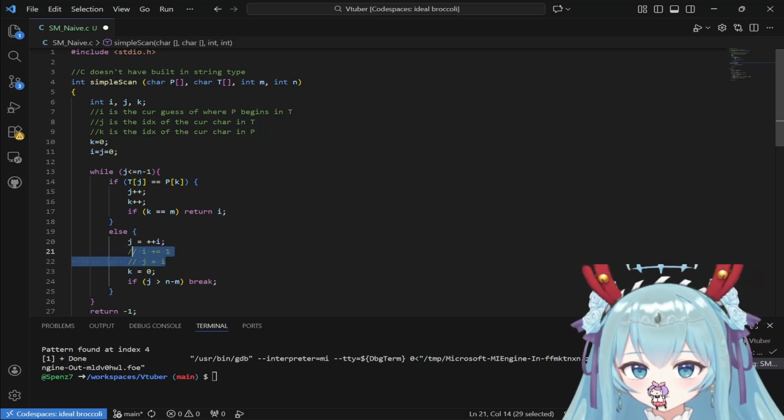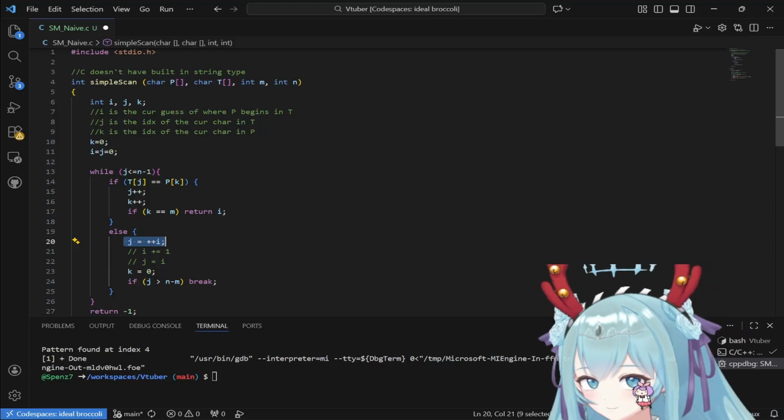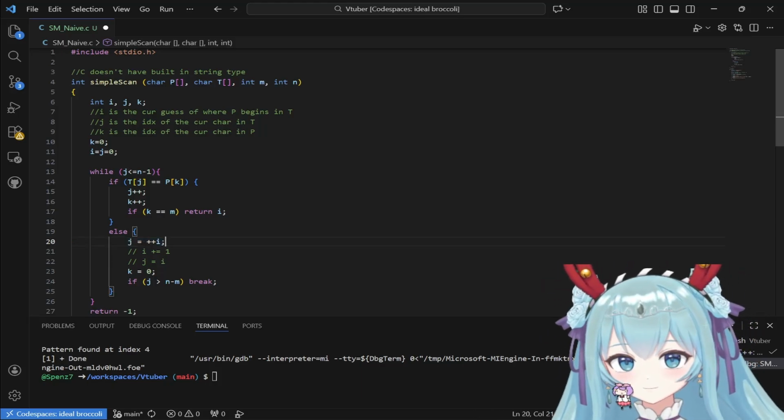So these two lines over here are equivalent to this line over here.